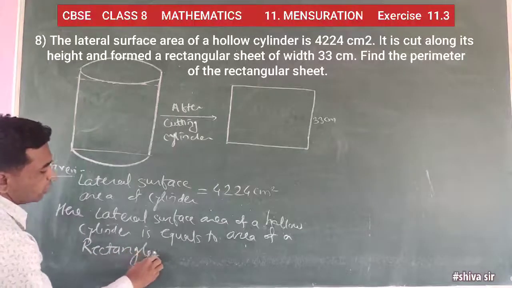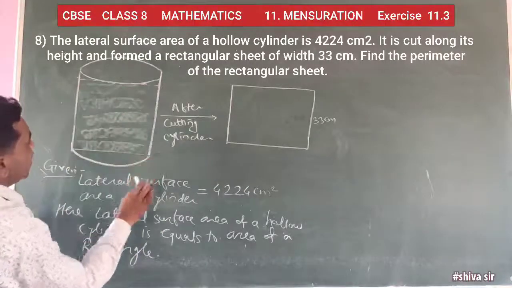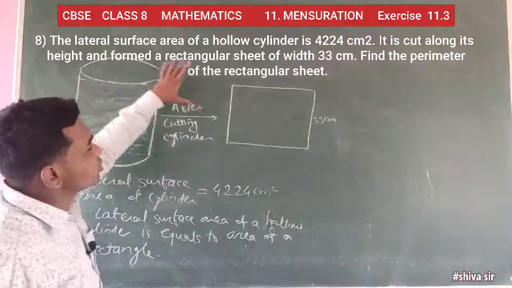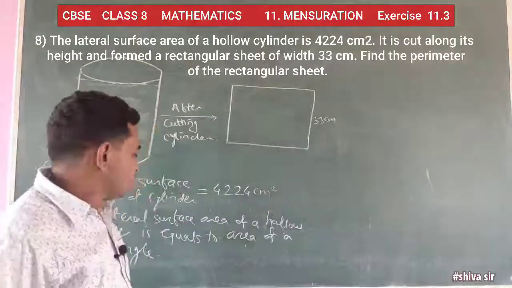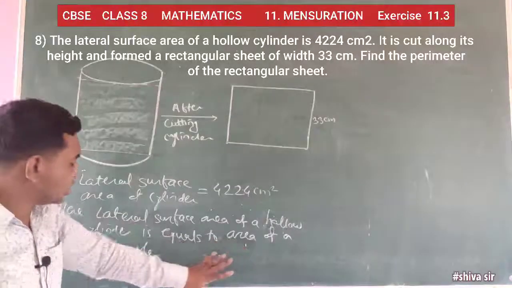Understand? When we cut this portion of the cylinder and form this cut portion, we have formed the rectangle. So the lateral surface area of a hollow cylinder is equal to the area of a rectangle.